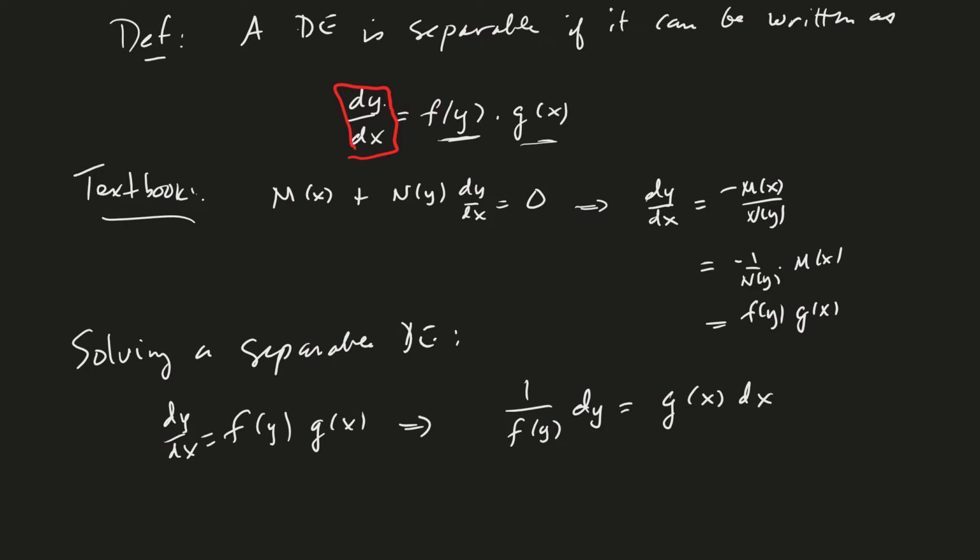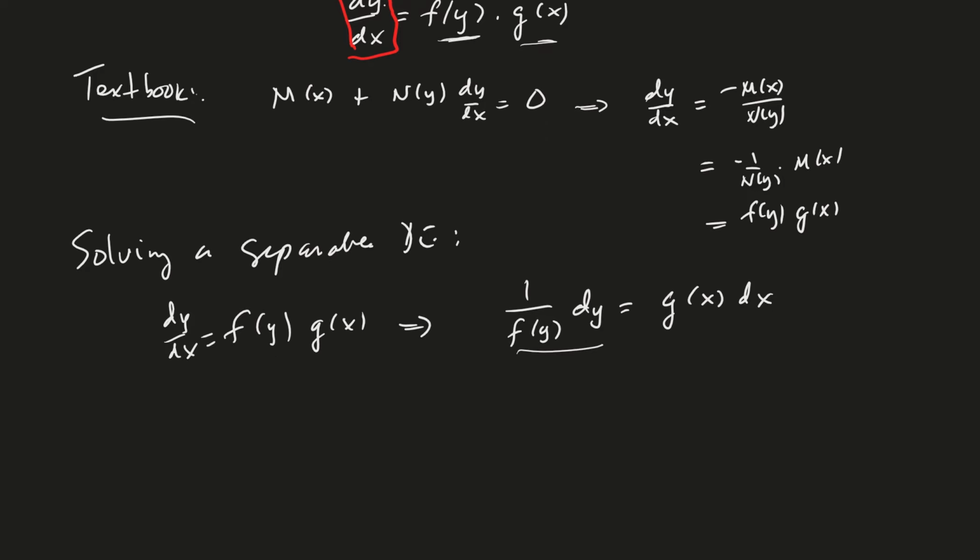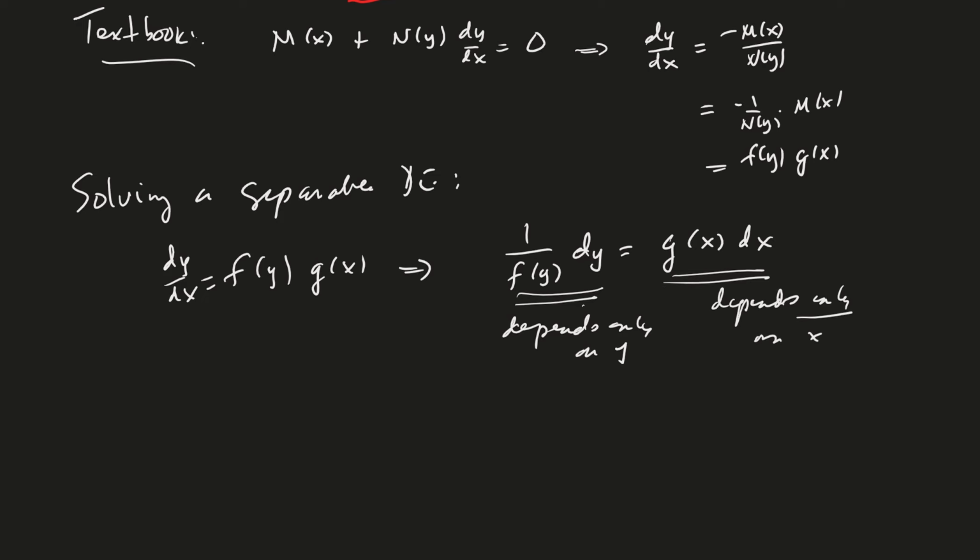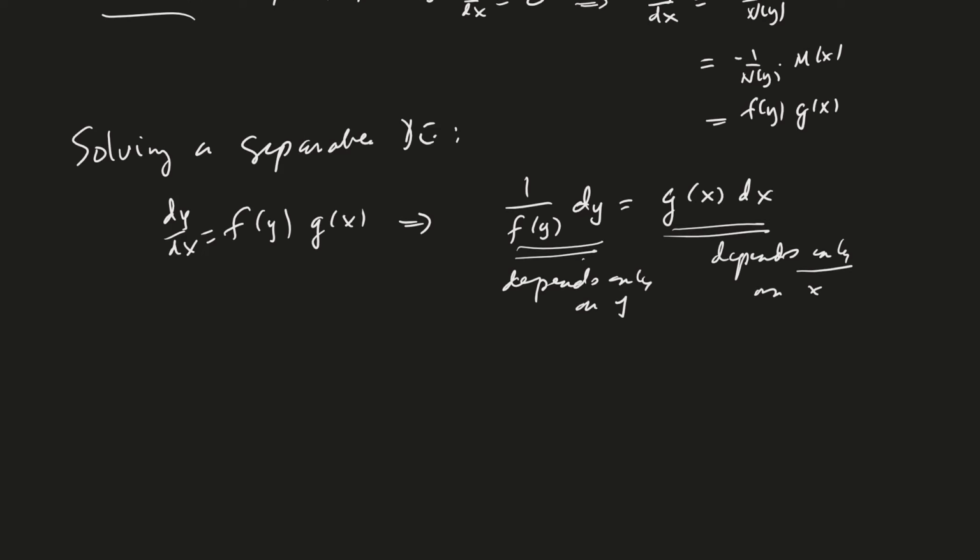Now you'll notice that the left side depends only on y, and the right hand side depends only on x. Good. And now it's all set up. We integrate both sides.